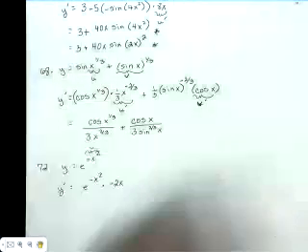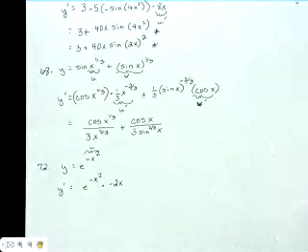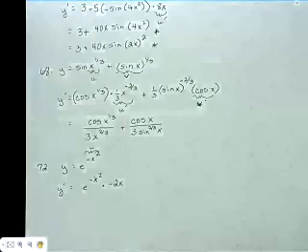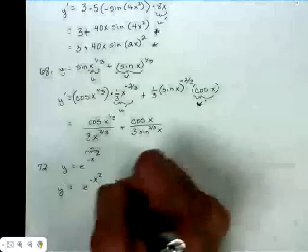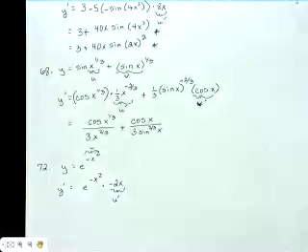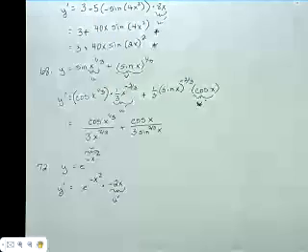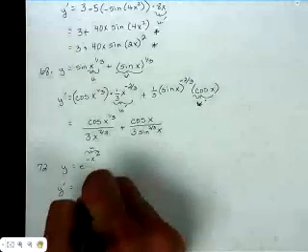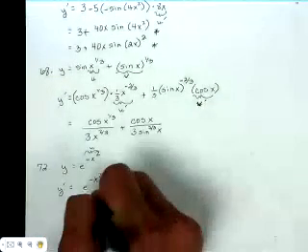Derivative of negative x squared is negative 2x. And there's really no way to clean that up other than just write the negative 2x in front of the e to the negative x squared.